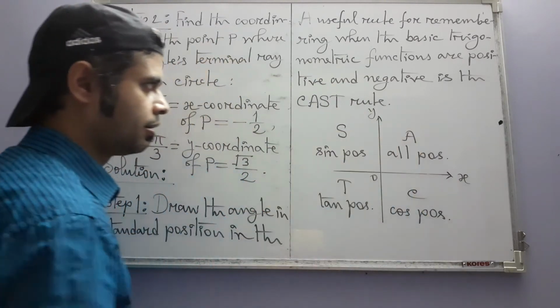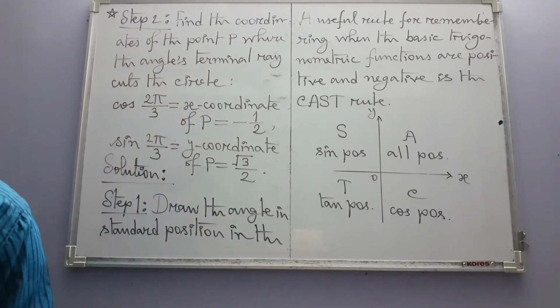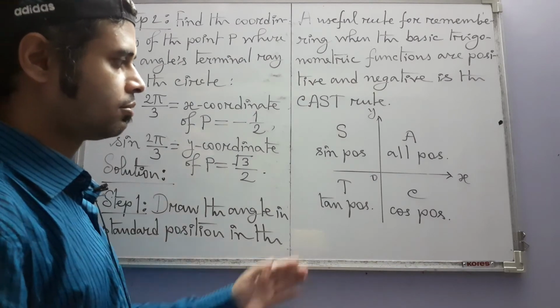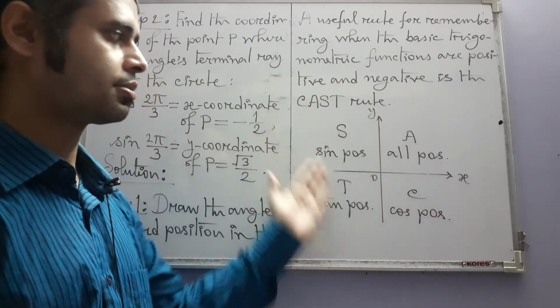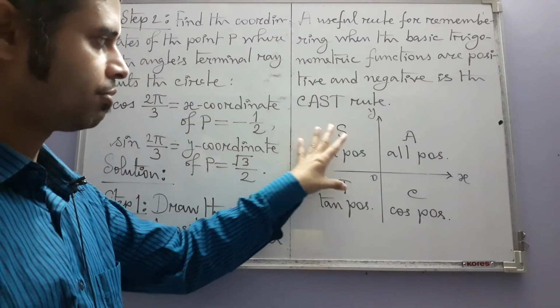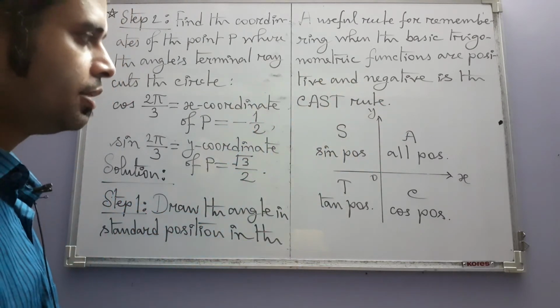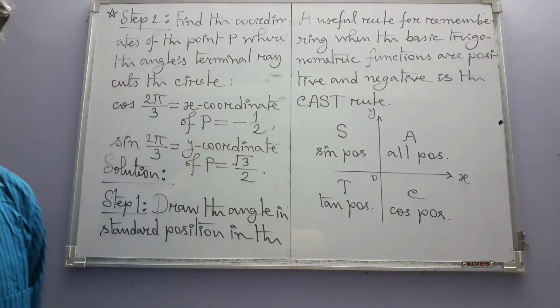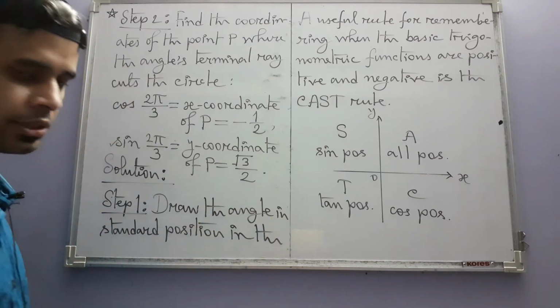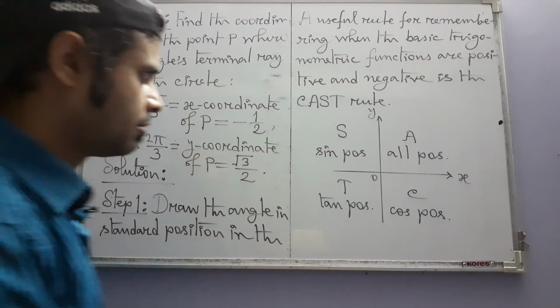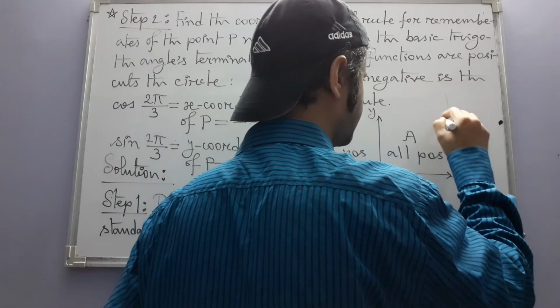Let's start here. You don't have to memorize this in order to figure out when which one will be positive. You see, it's very easy. This of course is there, but you can in fact just simply imagine like this.